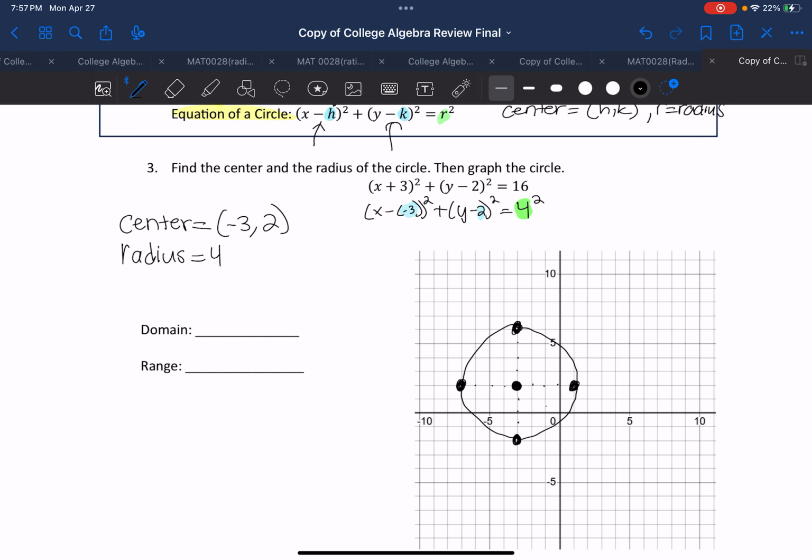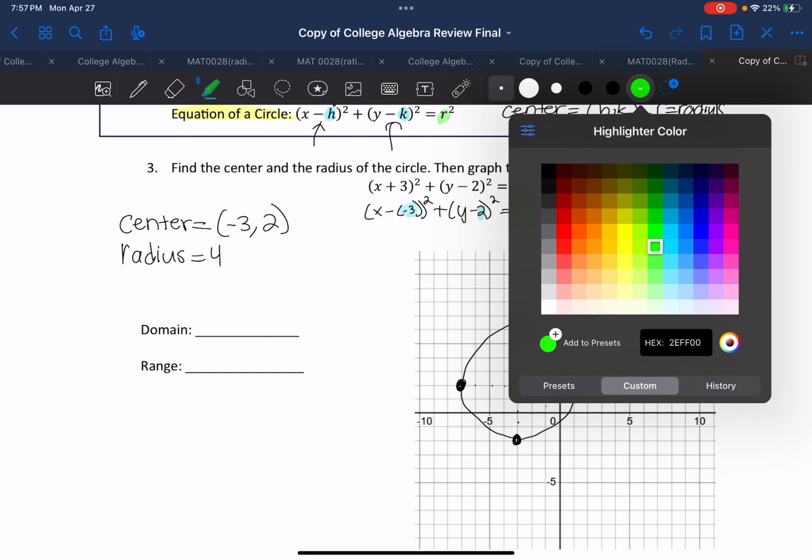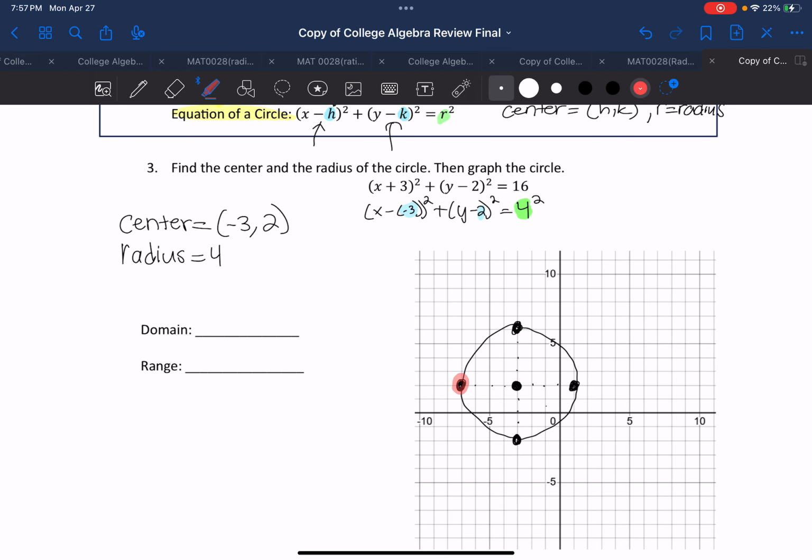Okay. So now the domain of this circle will be all the x values from left to right that are on the circle. So you just start at the far left point here, and the x value of that point lines up with -7.